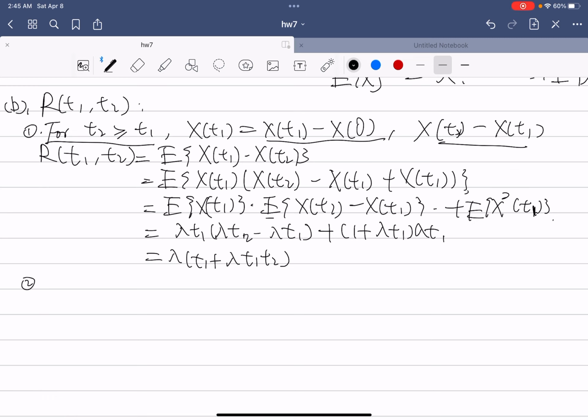The second condition is T1 larger than or equal to T2. Similarly, just replace T1 with T2 and swap them.